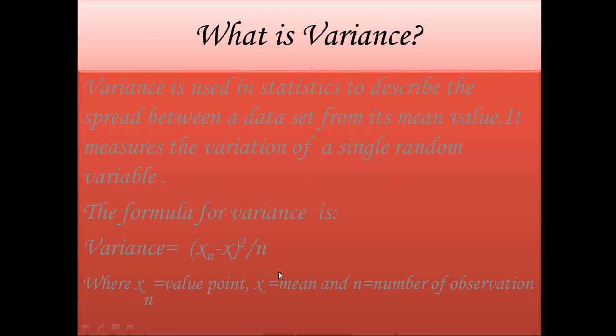Now the question is, in the array what is x, what is x bar, and what is the number of observations? x is the individual element, x bar means the mean of the array elements, and n is the total number of elements. In the next slide it will be more clear to you.